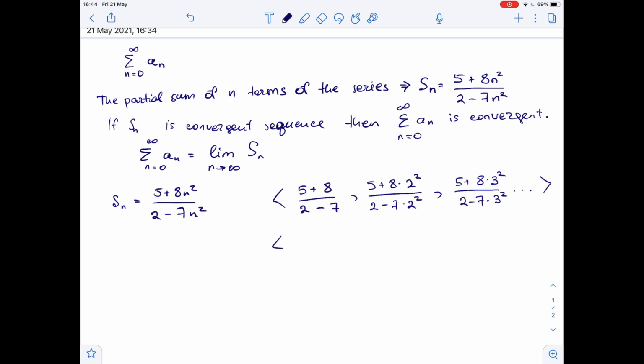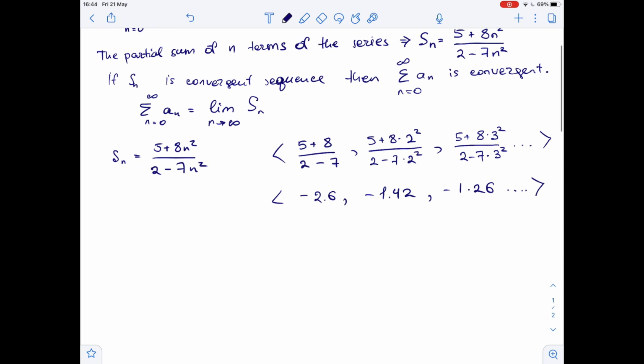So our first term, (5 plus 8) over (2 minus 7), is equal to negative 2.6. Our second term is equal to negative 1.42. And our third term is equal to negative 1.26.